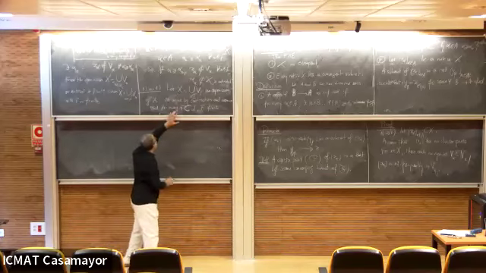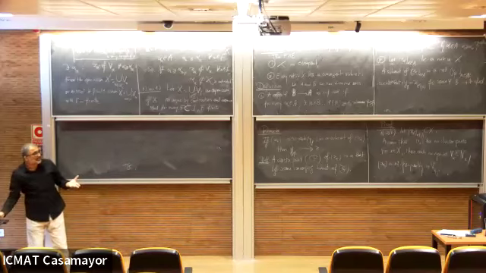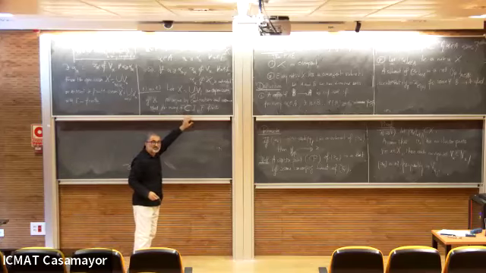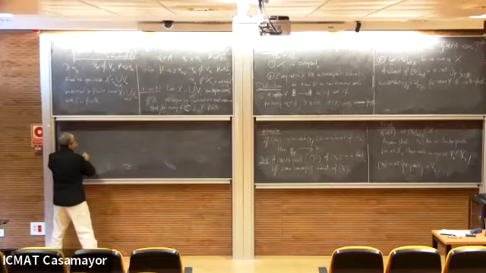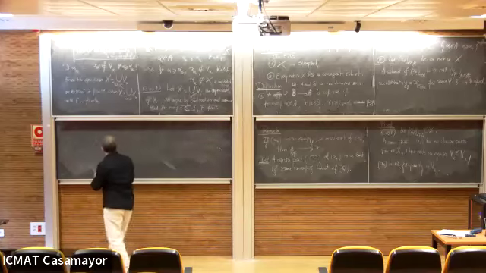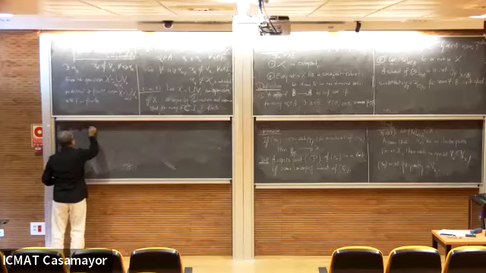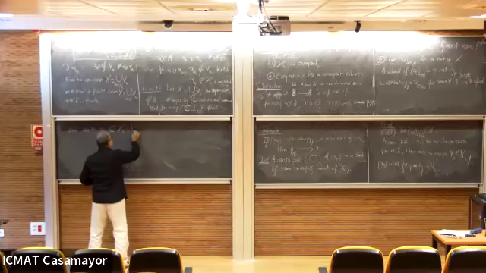This is a very natural proof here. Assume that it's not compact, so for every finite set, the union does not cover X, and then for every F there exists XF belonging to X minus the union.